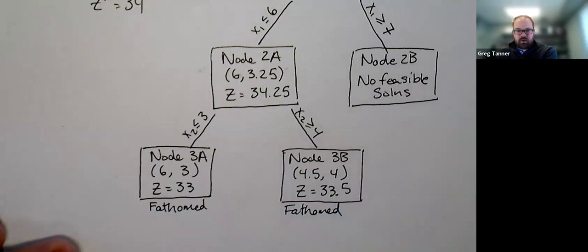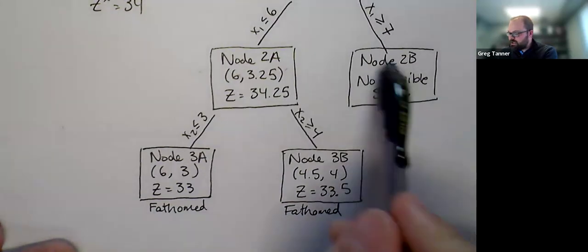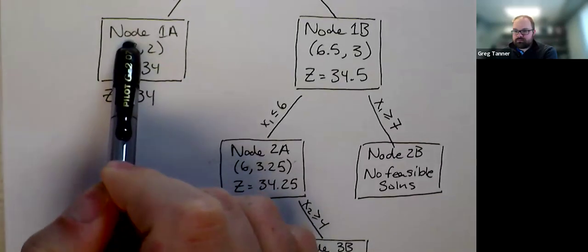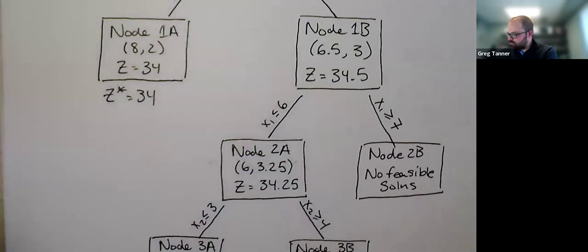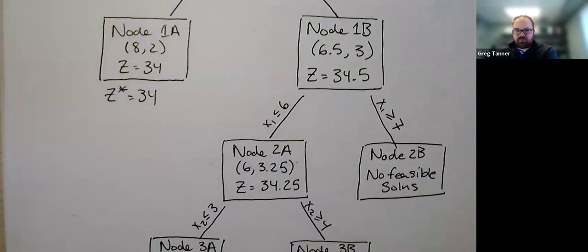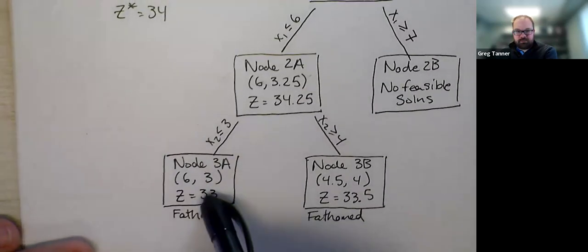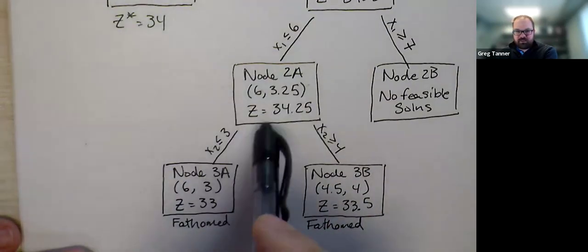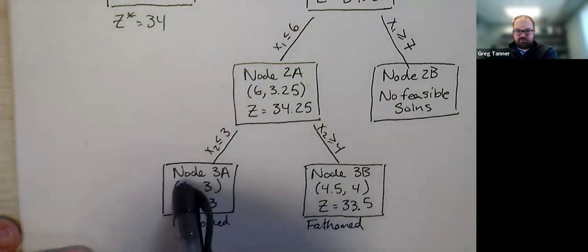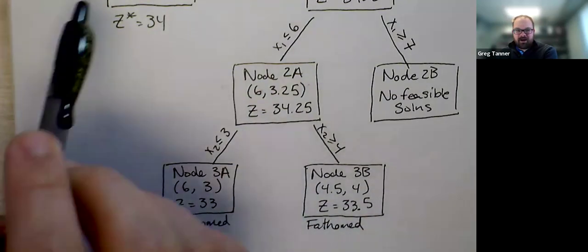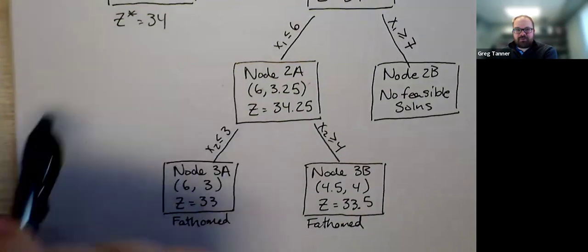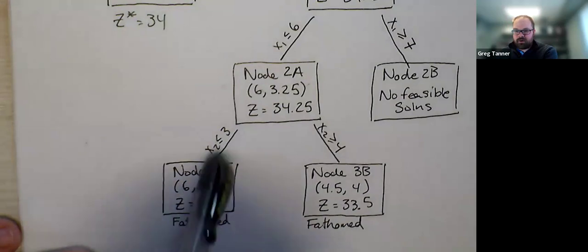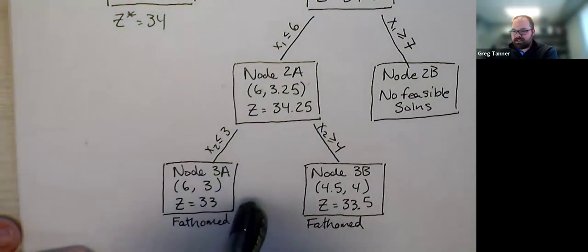Okay. And so all of our terminal nodes end up either as no feasible solutions, fathomed, or our current best. And what I will say is, if this integer solution had been better than this one, even though it's going to be impossible to get an integer solution that's better than that coming out of here, but if it had, then we would have fathomed this one and continued on, and updated this one to be the current best.